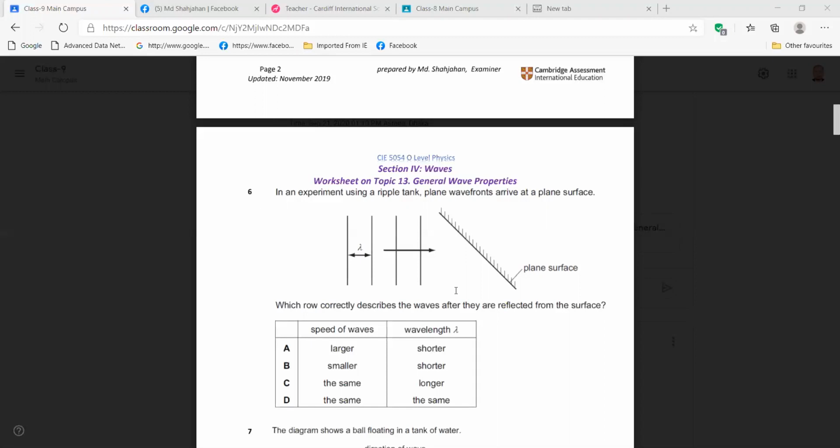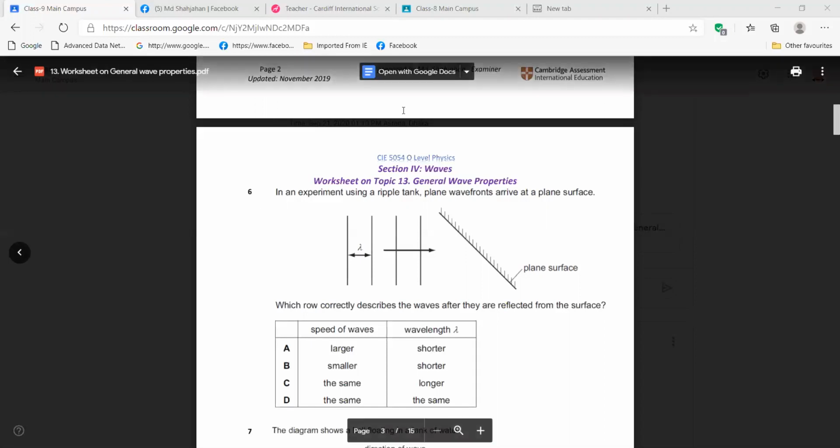So we have this formula. Listen, I am giving you some notes. You take these notes. First of all, for the same source of wave, frequency is always same.